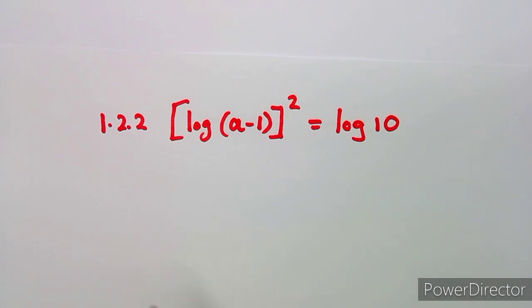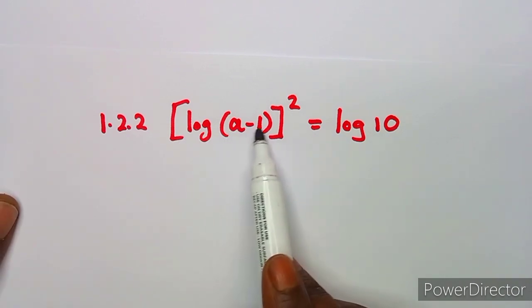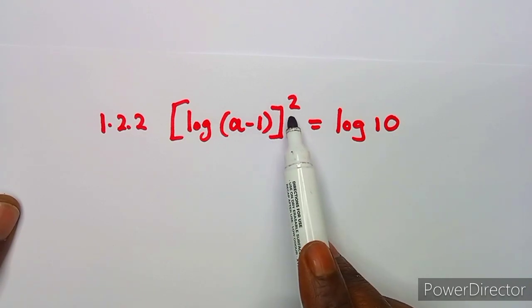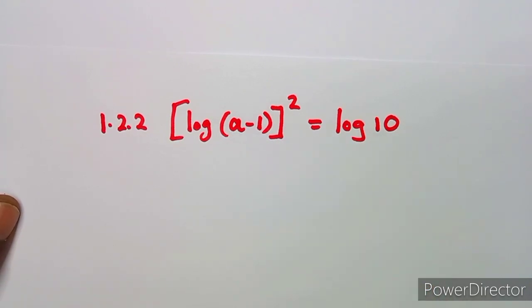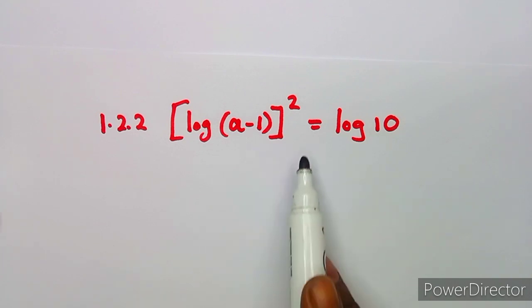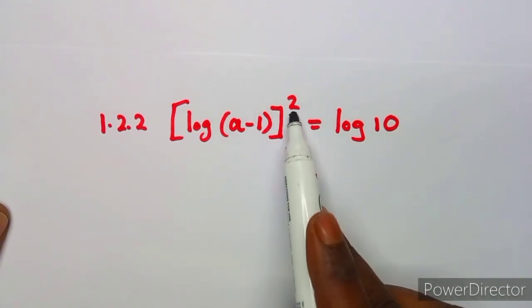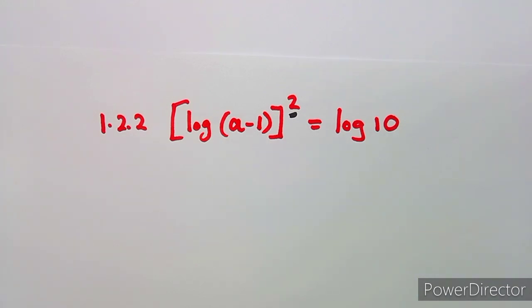As we can see, we've got log a minus 1, and everything now is raised to the exponent of 2, which is equal to log 10. Actually, there is nothing that we can do at the moment because we can't apply the square root here for the meantime to remove this exponent. We know that we have to introduce the square root.